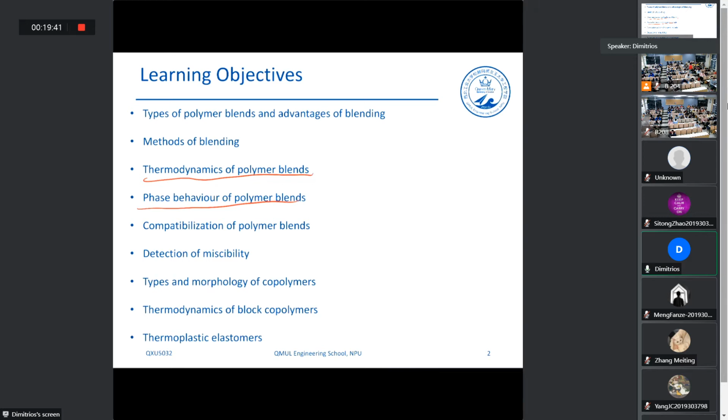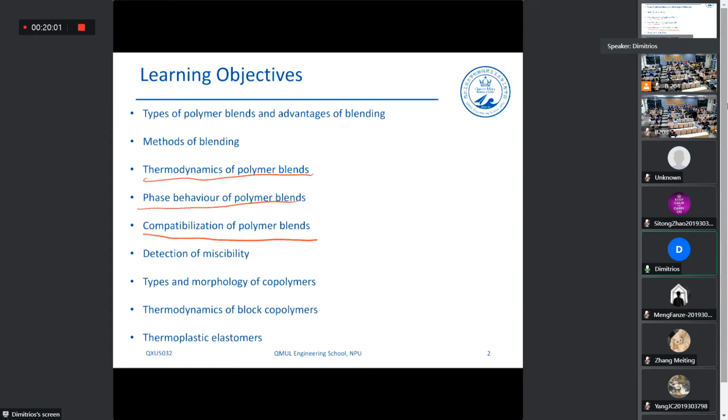How do we compatibilize polymer blends? That is, how do we make two immiscible polymers, two polymers that cannot be combined in order to create a continuous phase, behave better? Okay, that is compatibilization. Also, how do we detect miscibility?